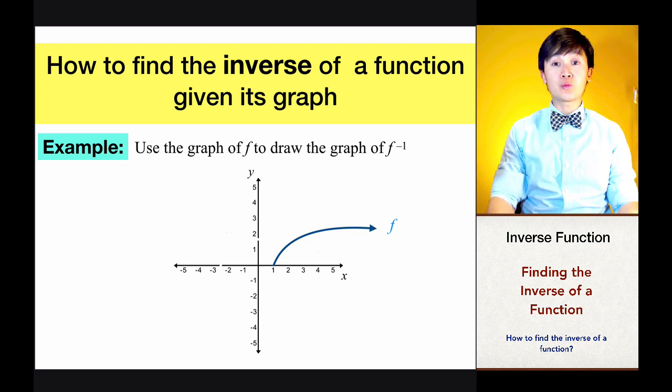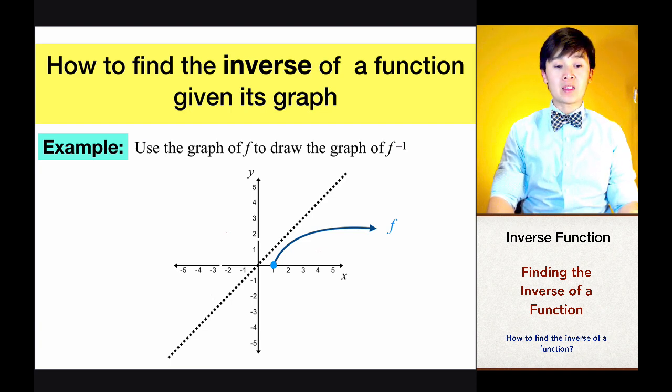So the line that we need to reflect our f of x on would be our diagonal line, which is y equal to x. And we can start with this endpoint over here for the first point of our function. The first point that you're seeing is at 1 and 0, and we will use that later on to find the inverse of our f.